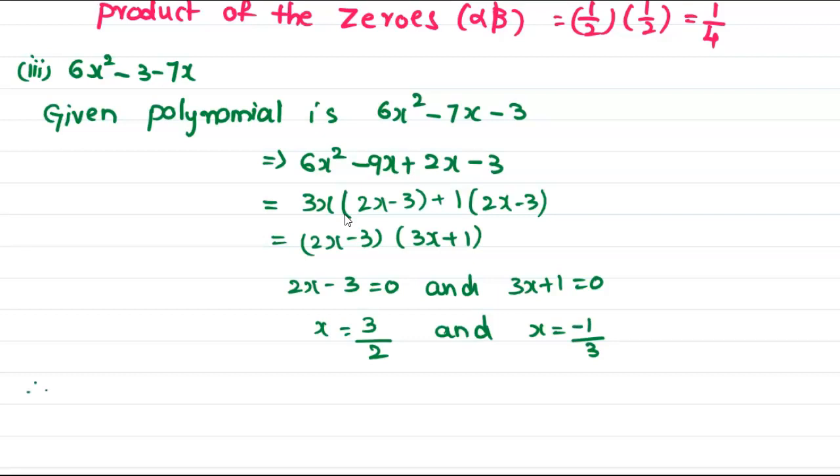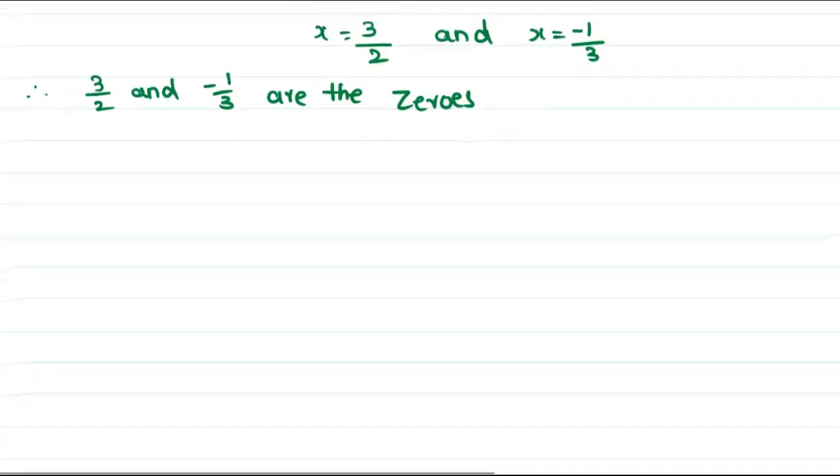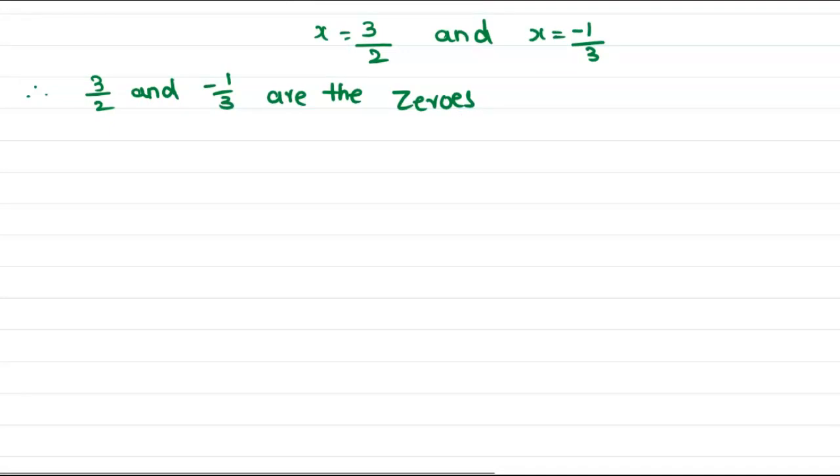So from this information, 3 by 2 and minus 1 by 3 are the zeros of the given polynomial. So now let us assume that alpha is equal to 3 by 2 and beta is equal to minus 1 by 3.